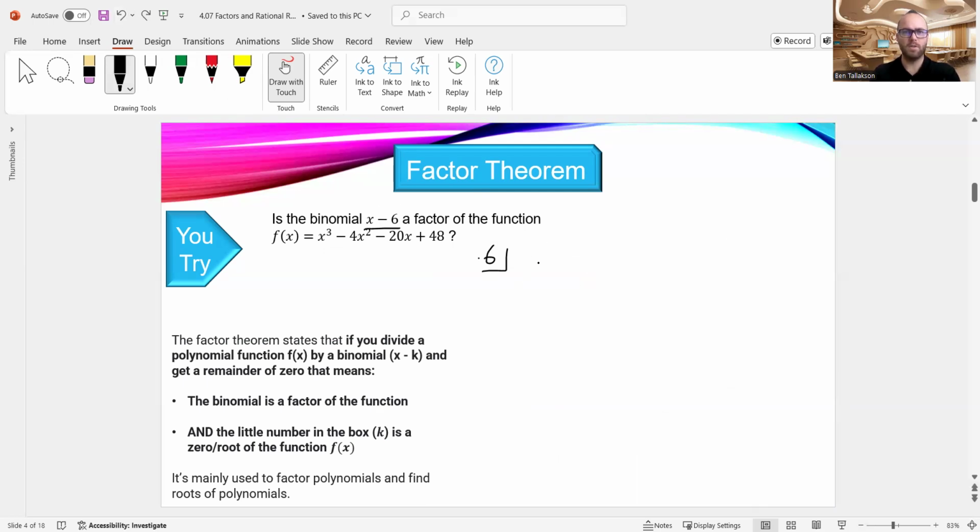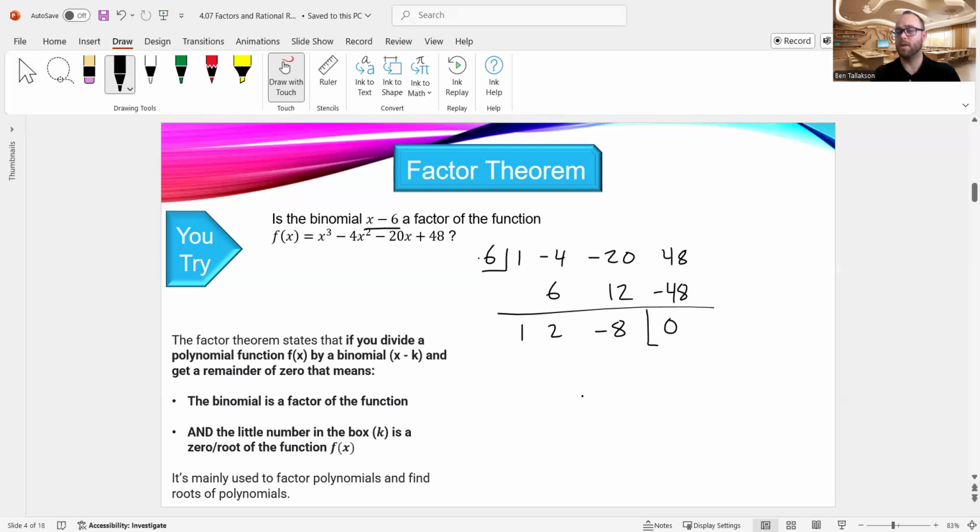Do we need placeholders? 3, 2, 1, 0. No, we don't. So 1, -4, -20, and 48. So we bring down the 1, multiply, add, multiply, add, multiply. What is 6 times -8? We get -48.